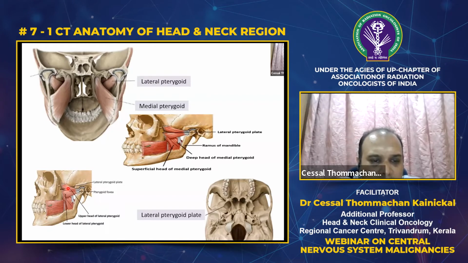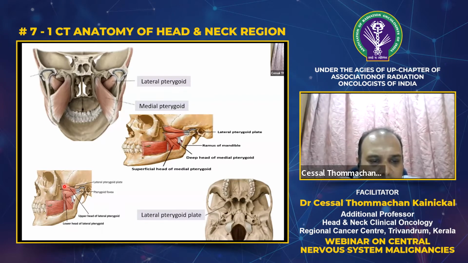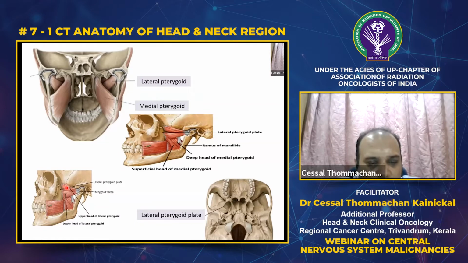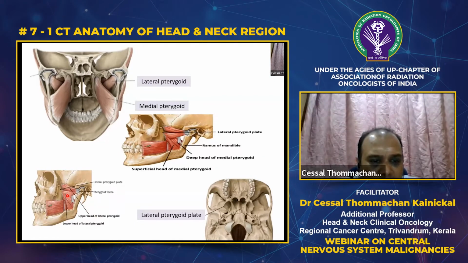The upper head has a different origin. It is originating from the infratemporal surface of the greater wing of the sphenoid. This is the upper head, and the lower head is the more bulky one. This is originating from the lateral surface of the lateral pterygoid plate, and both are inserted in the condylar process.